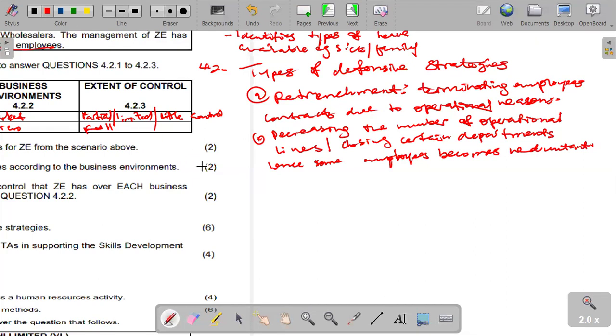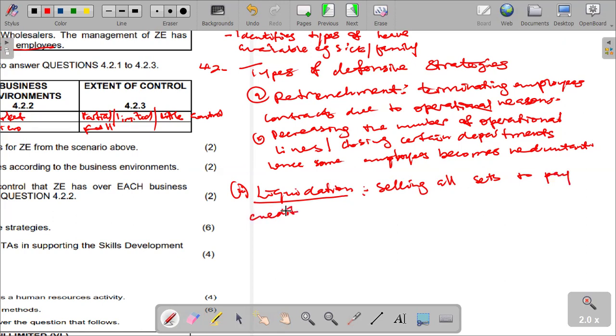In liquidation, a business can sell all assets to pay creditors due to lack of capital.